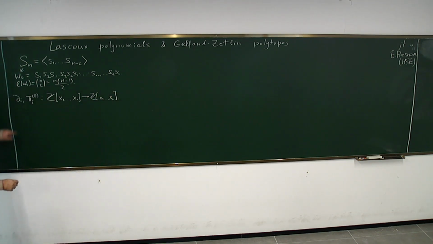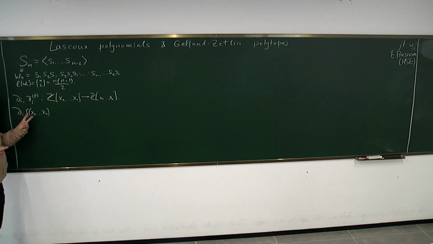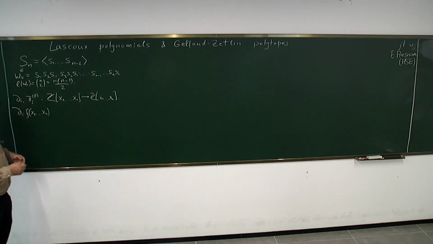What is the divided difference operator? Having f of x1 through xn, some polynomial in n variables, you can flip two neighboring variables, xi and xi plus 1.